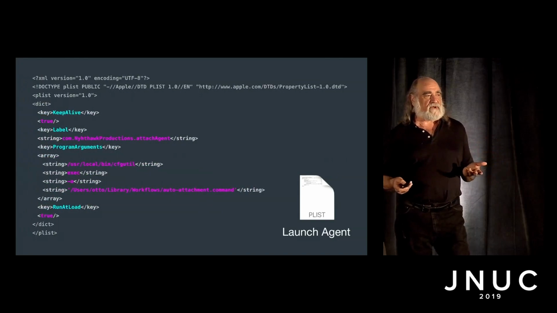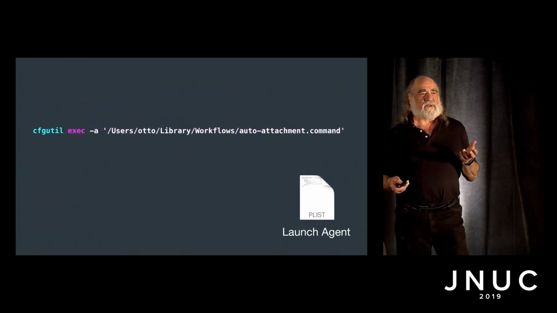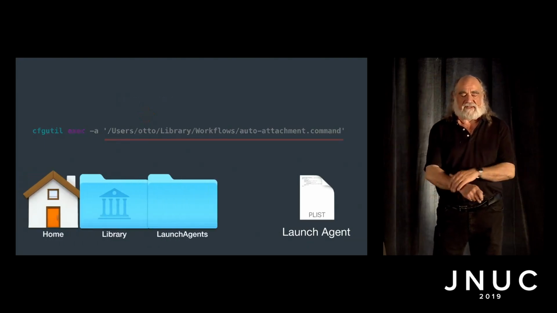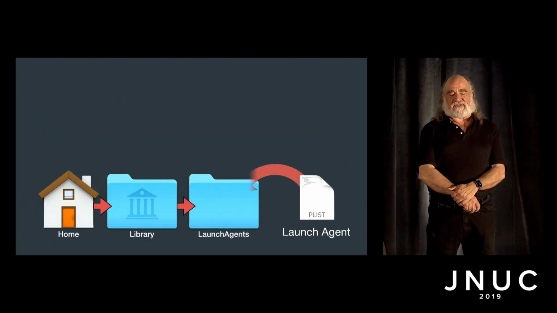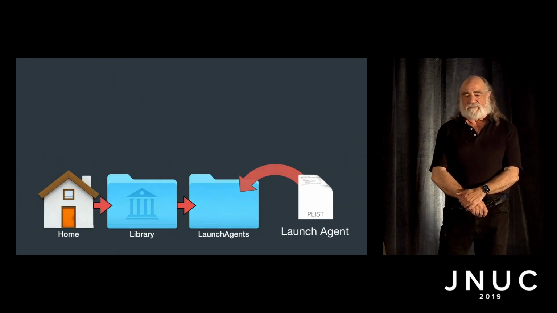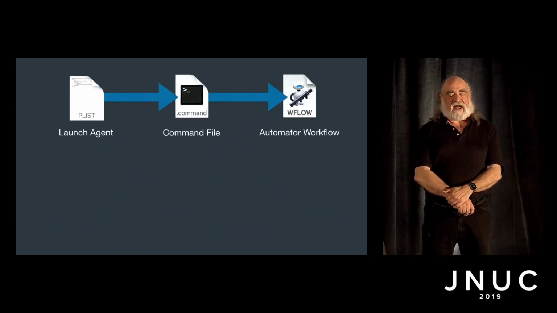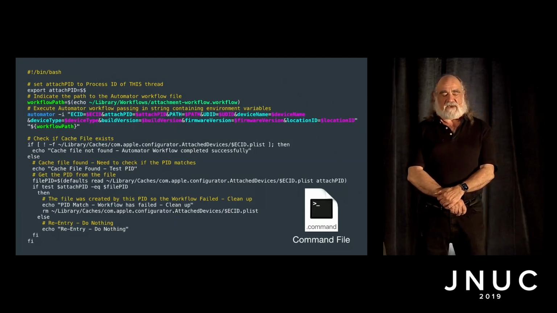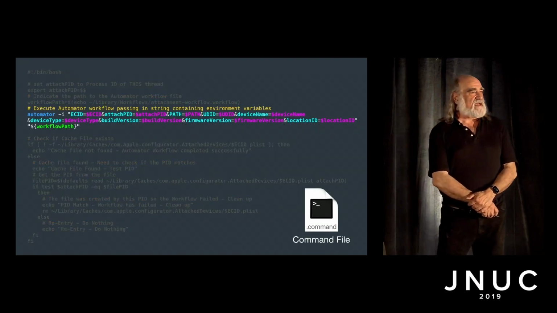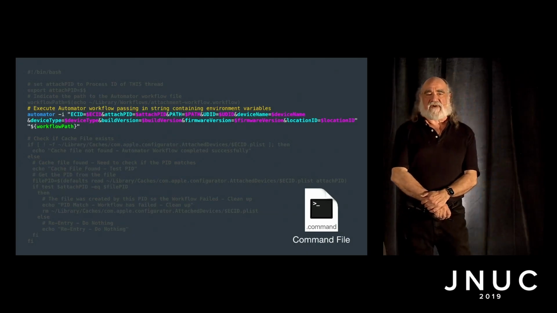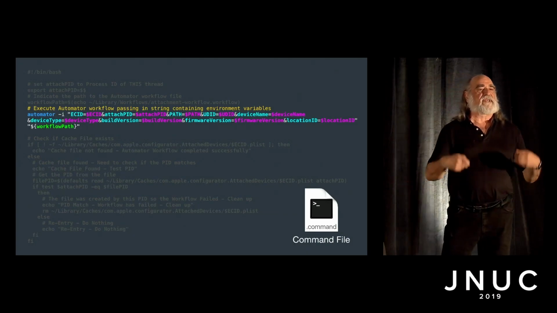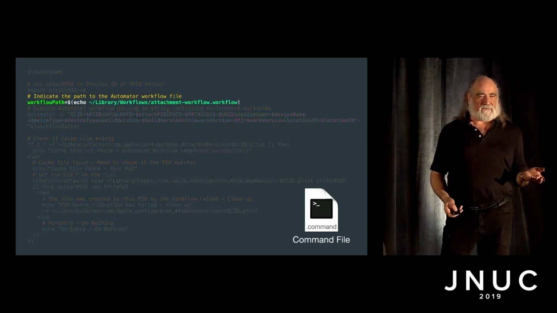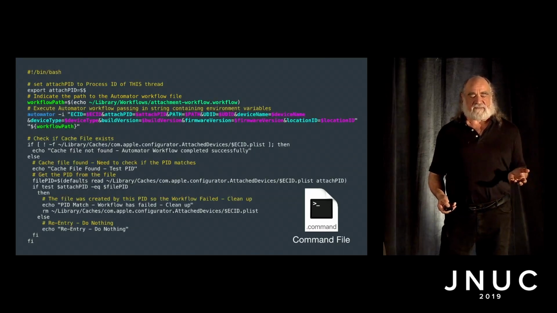And I showed you how to create the launch agent, and what it basically did was run a command upon attachment. You put the launch agent into the launch agents folder, and then we had a command file that basically had two bits of functionality. One is it got the data from the connected device and put it into an environment variable that's passed to the workflow, and then it executed the workflow. And that was basically the strategy behind that.